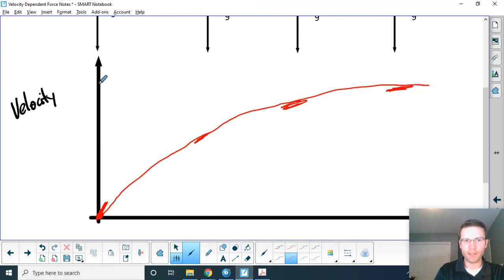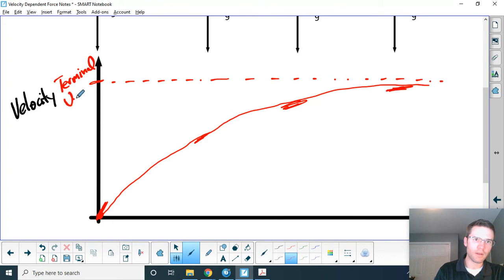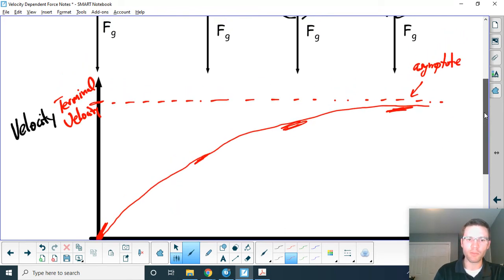And where it flatlines, we call that the terminal velocity. And so this point right here would be terminal. Mathematically, it won't ever reach this. This is an asymptote. But in reality, it will reach this terminal maximum speed there and won't speed up anymore.